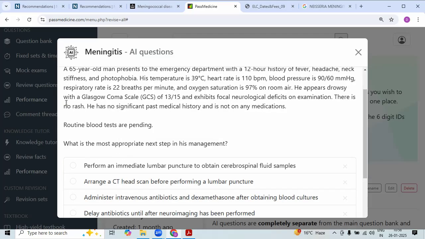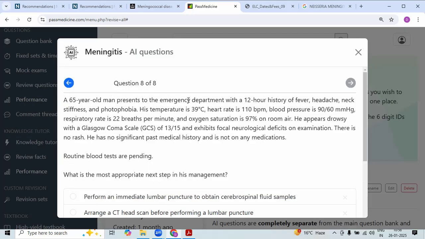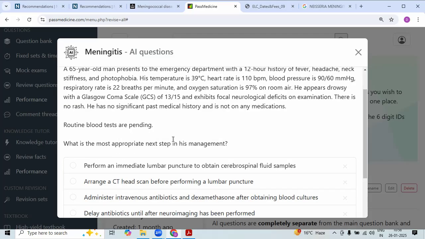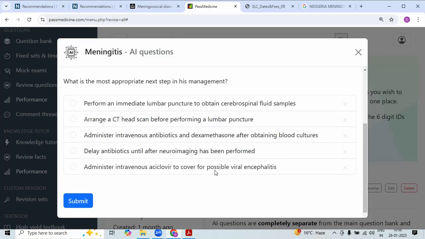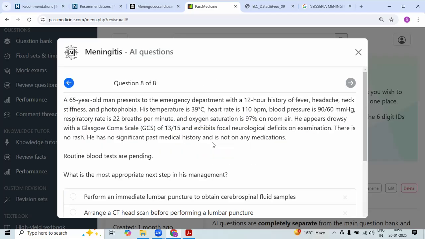What about a 65-year-old man who presents to the emergency with fever, headache, neck stiffness, and his temperature is this. He appears drowsy and exhibits focal neurological deficits on examination. There is no rash, and he has no significant past medical history. What is the most appropriate next step in management? So we spoke about the table, and 12-hour fever.